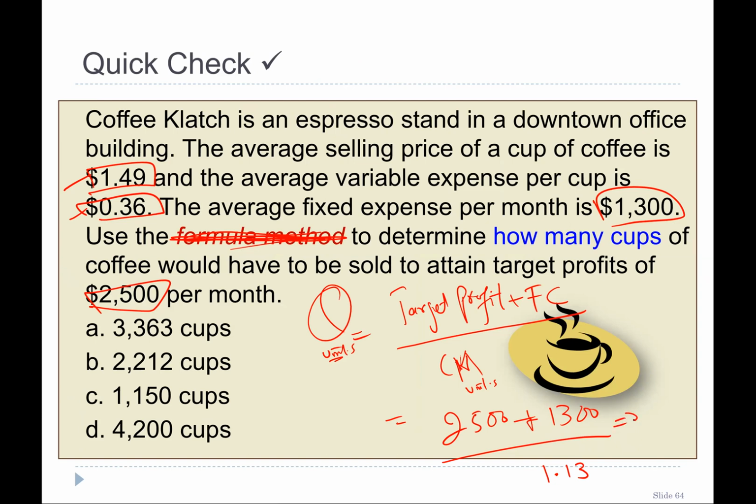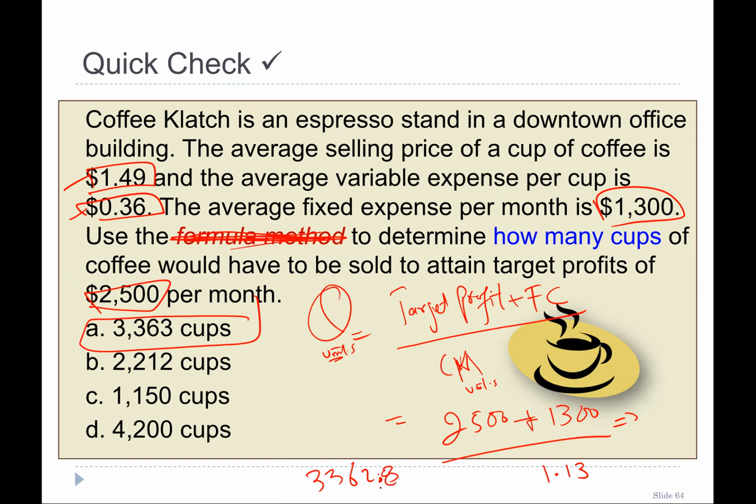Can you solve it? Please tell me the answer. Is it A? 3,363. Yes. The answer is 3362.8.